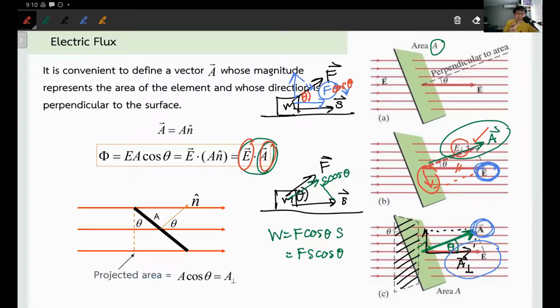So whenever E and A are parallel, E is perpendicular to the surface. And that's our definition of the flux. We only count the electric field that points perpendicular to the surface.